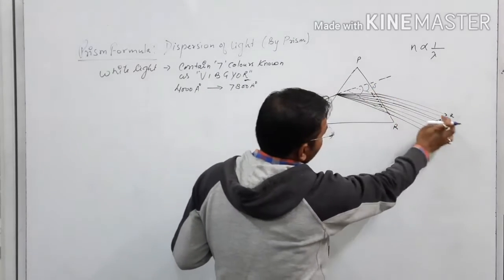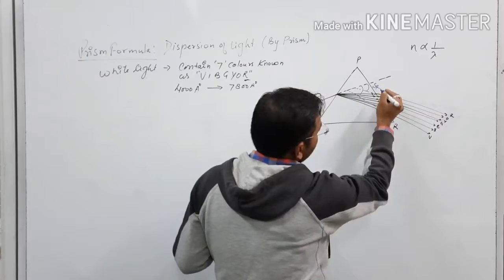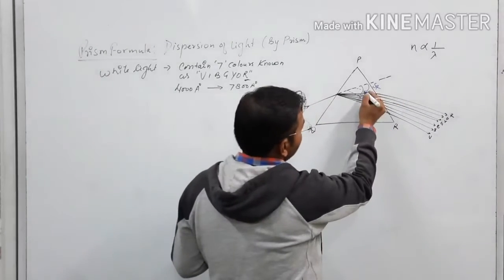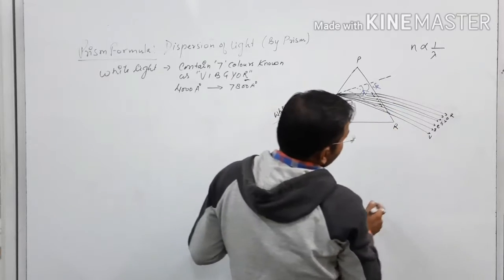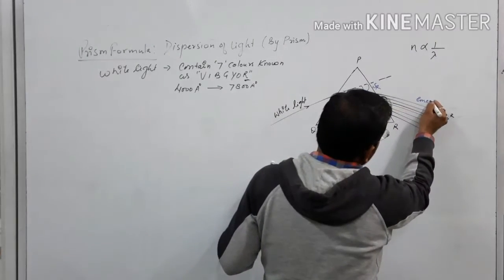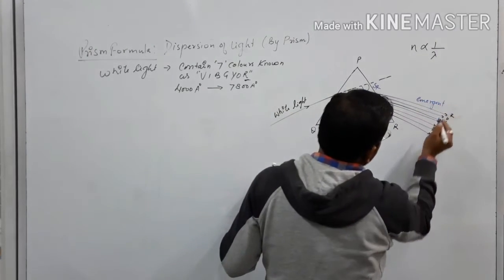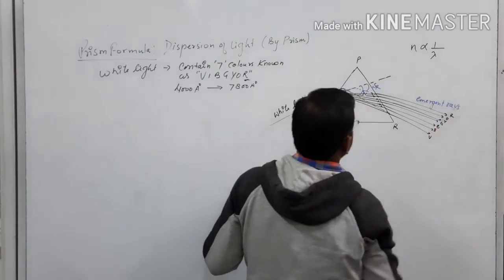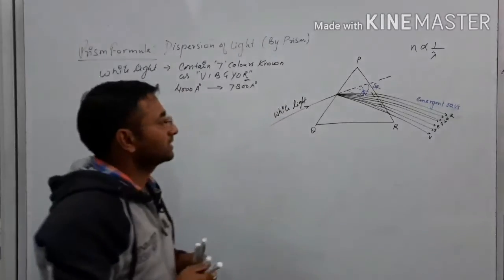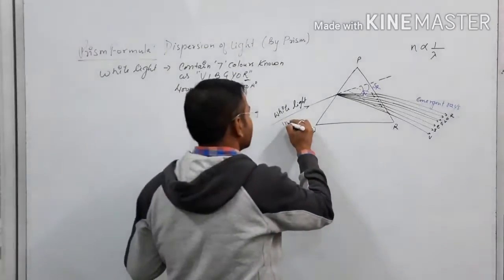Here this angle is the angle of deviation for red color, and this one is for violet color. Point clear, students? These are the emergent rays for red and the other colors, and this is the incident ray.